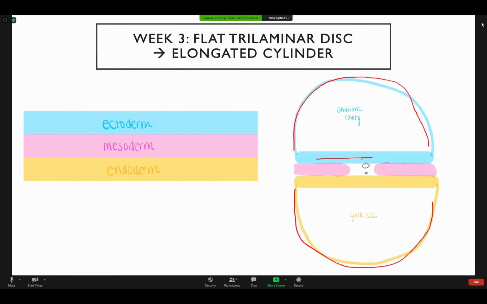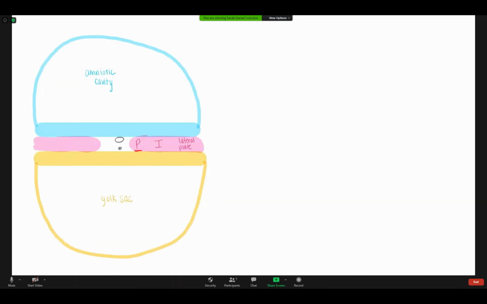So you've got ectoderm, and then you've got the mesoderm, and then your endoderm layer here. Now at this point, the mesoderm has 3 different parts. The first part that I put the P here for is the paraxial mesoderm. And then you have the intermediate mesoderm here. But for our purposes today, what we're really concerned about is the lateral plate mesoderm here.